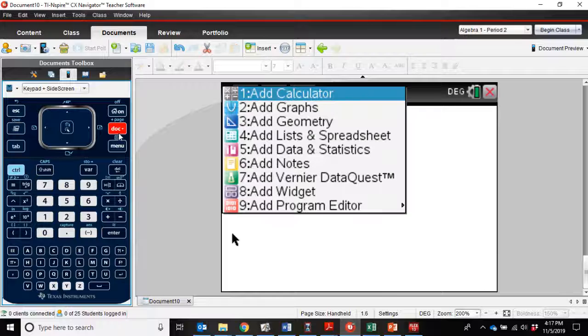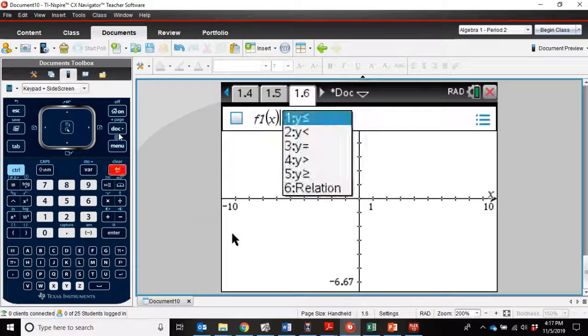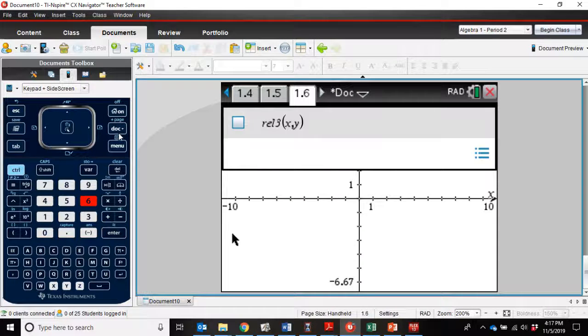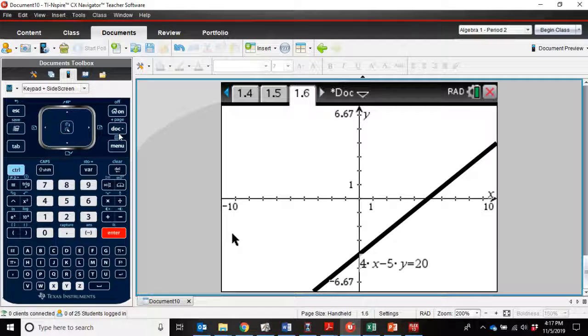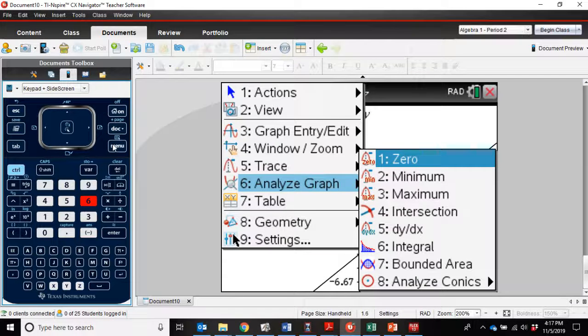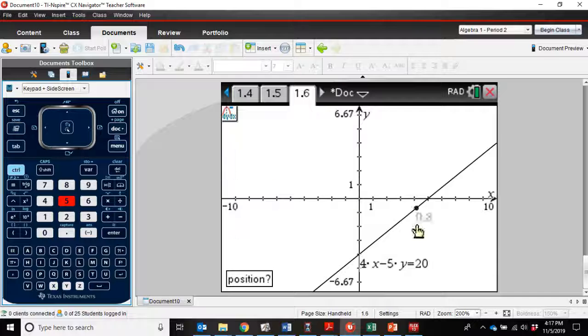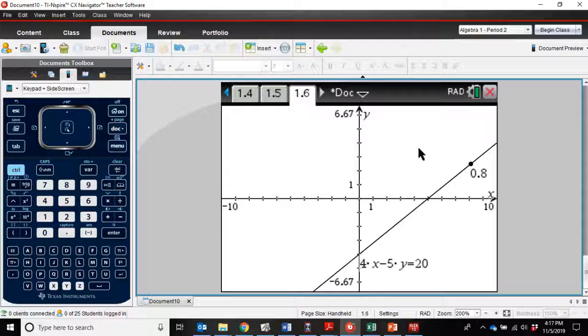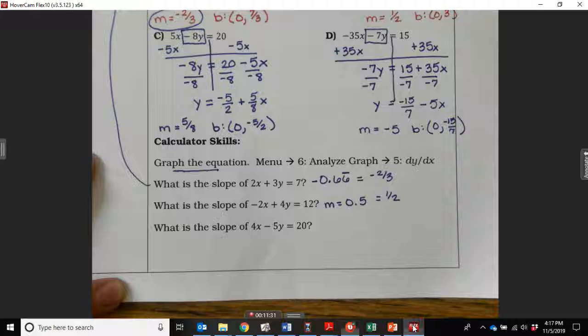So I'm going to go to a graph page, delete the equal sign, pick a relation. 4x minus 5y equals 20. Menu, 6, 5. And we put it on there, and I get 0.8.